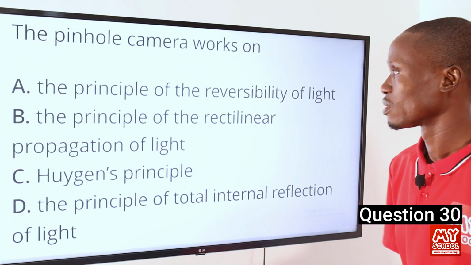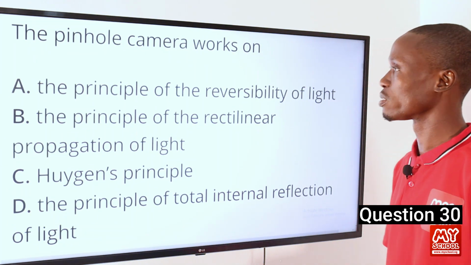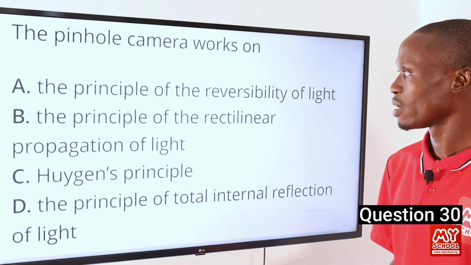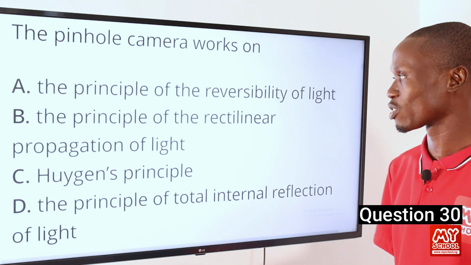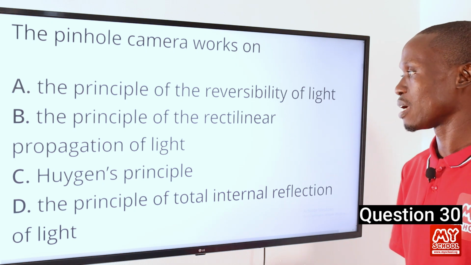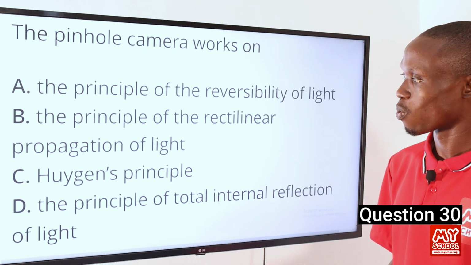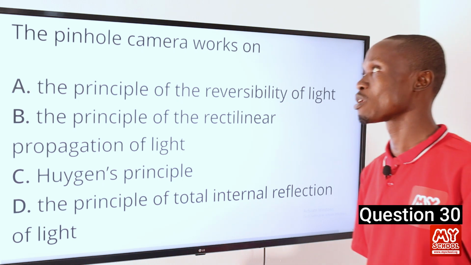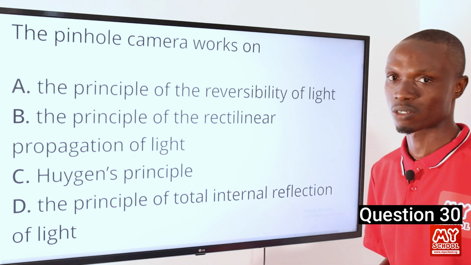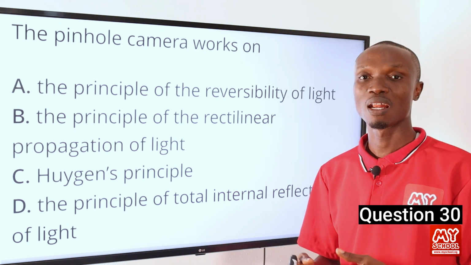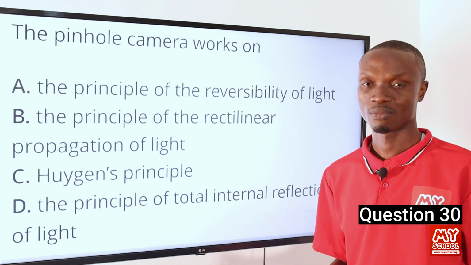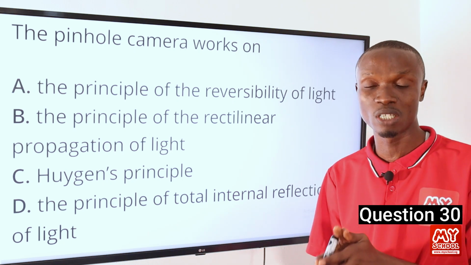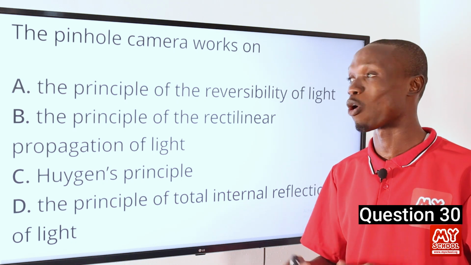Question 30. The pinhole camera works on A, the principle of the reversibility of light, B, the principle of the rectilinear propagation of light, C, the Huygens principle, D, the principle of total internal reflection of light. So the pinhole camera works based on the fact that light travels in a straight line, and this principle is referred to as the principle of rectilinear propagation of light.